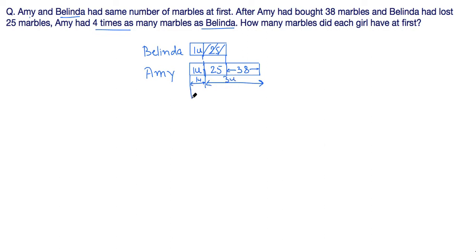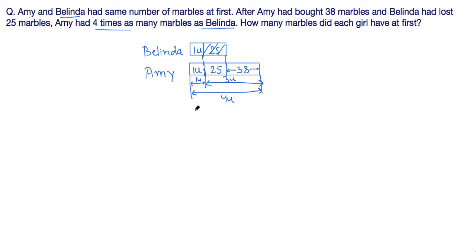So in total Emmy has 4 units. From the model you can clearly see how much 3 units is. So 3 units is actually equal to 25 plus 38, right?